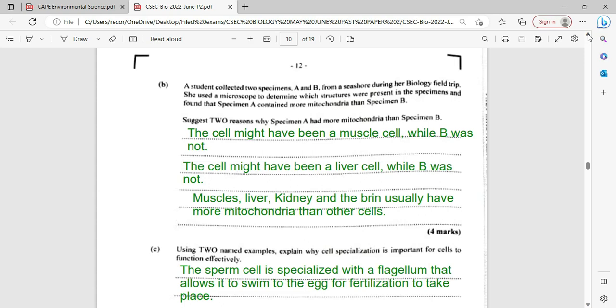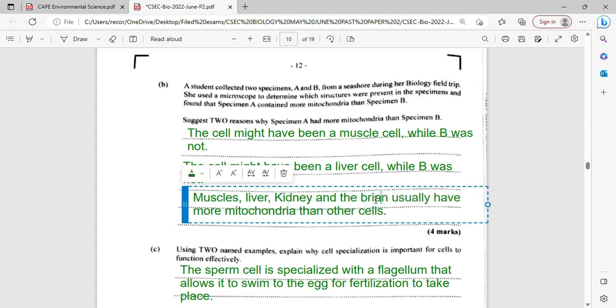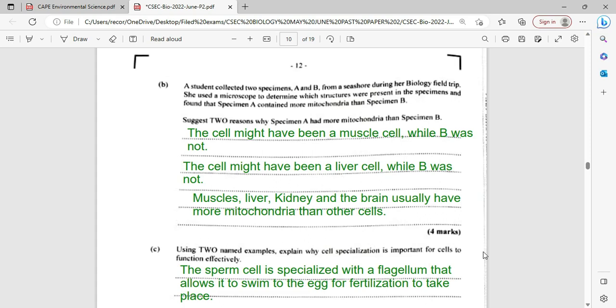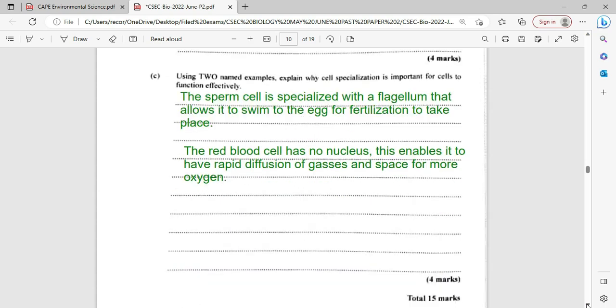Another thing is that the muscle, the liver, the kidney, and of course the brain, usually contain more mitochondria than other cells. So the reason for this is that there's a possibility that the cell was either the brain, liver, muscle, or kidney cell, but more so the muscle and the liver would be carrying more mitochondria than other cells.